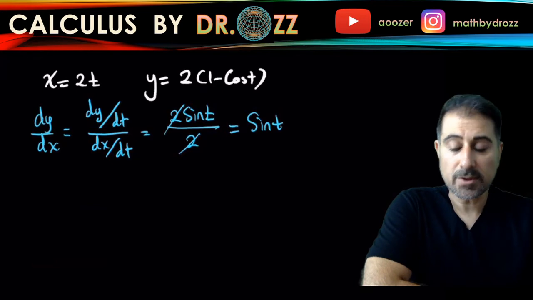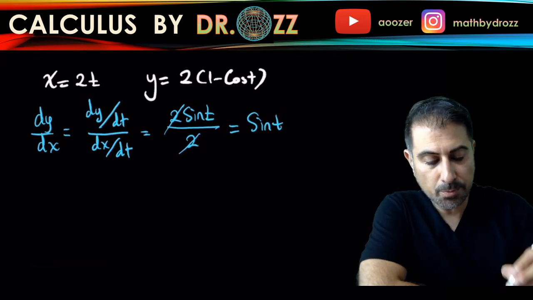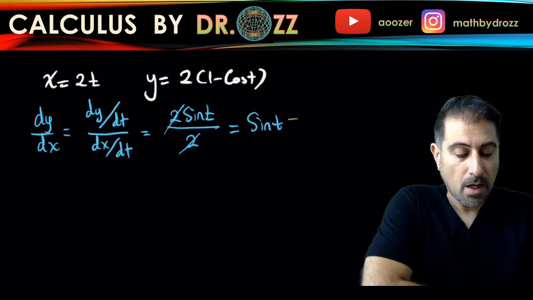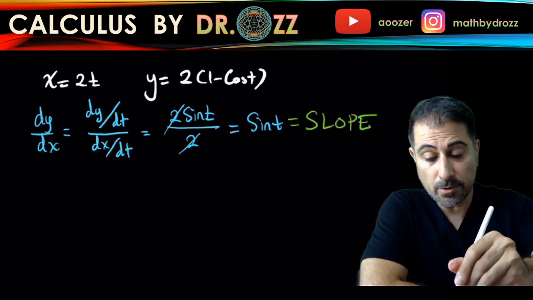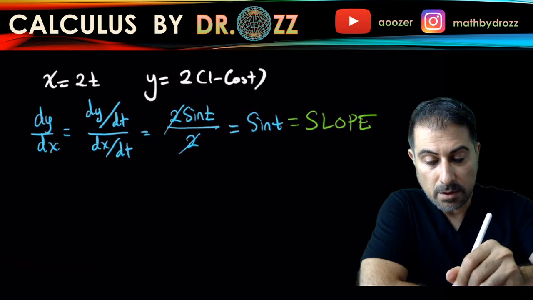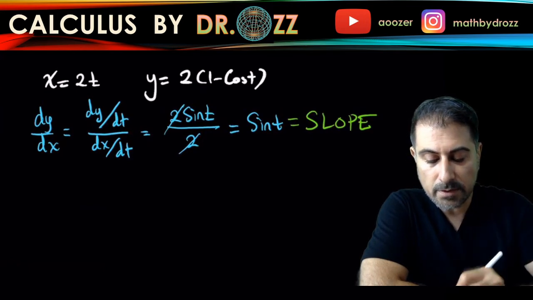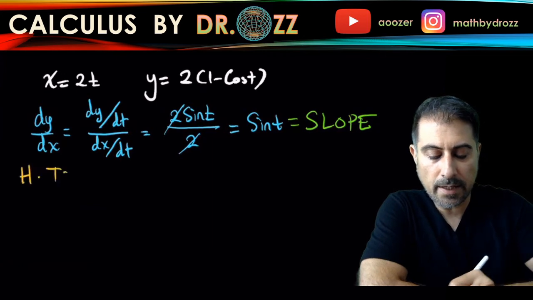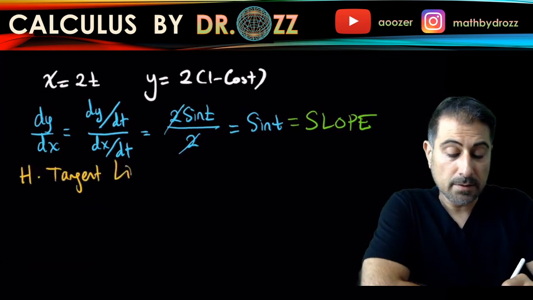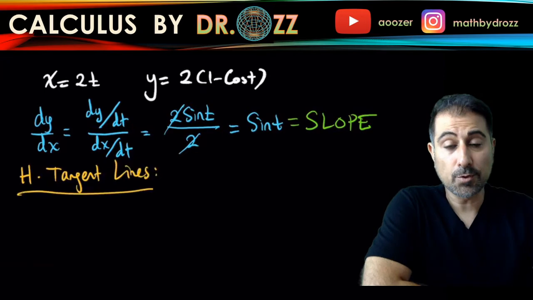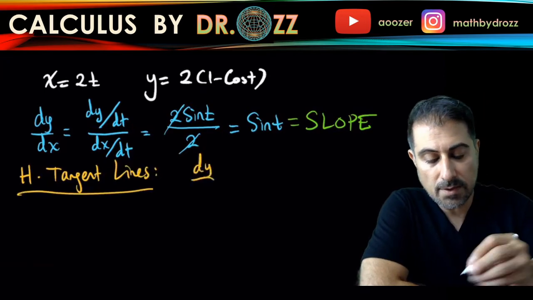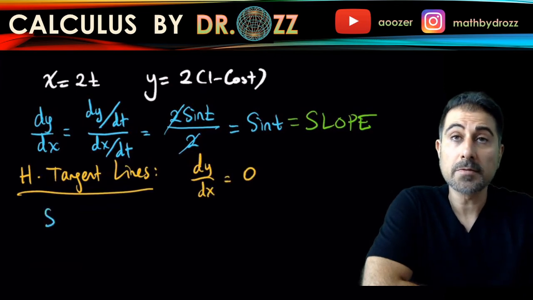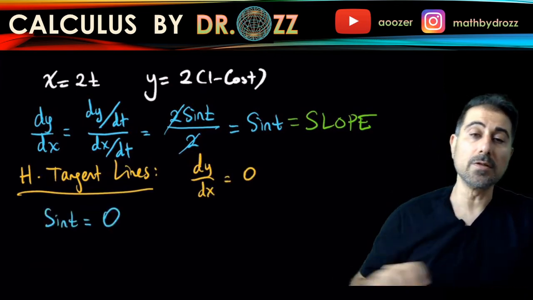Since this represents the slope, for horizontal tangent lines, dy over dx is supposed to be 0. So that's us solving this trig equation: sine t equals 0.